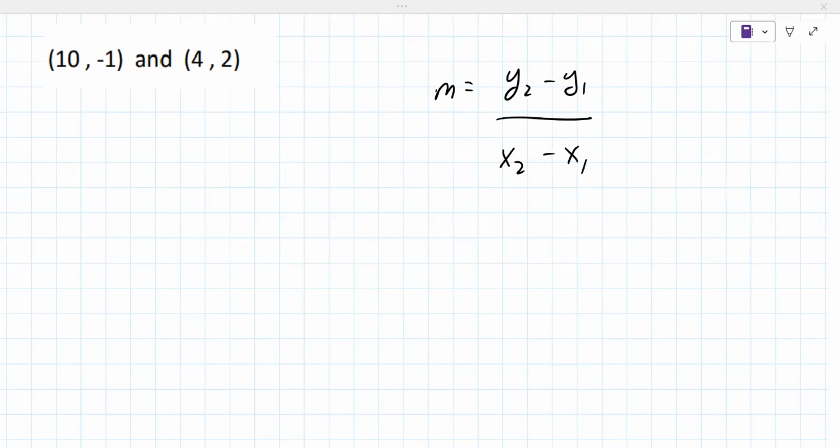Is it 3 over -6? What does that reduce to?